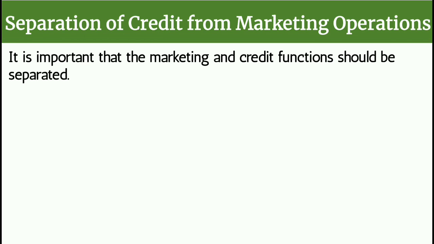Ano naman yung function ng credit department? It is the credit department's sole responsibility to make sure that credit resources are used properly. Aside from that, the credit department must also assure that no credit sale should be allowed to unworthy customers.